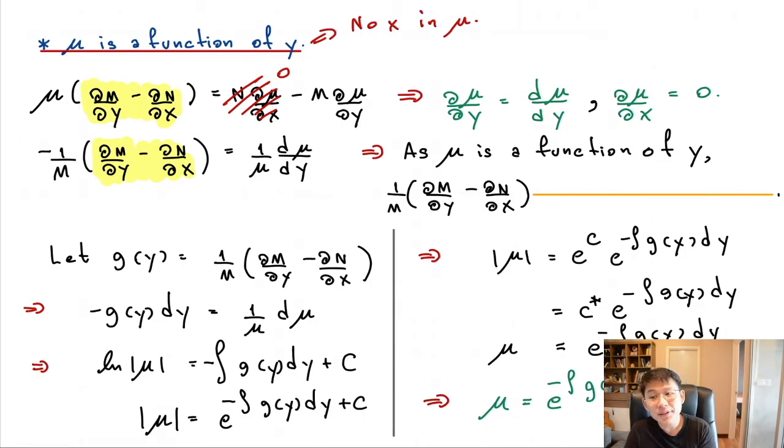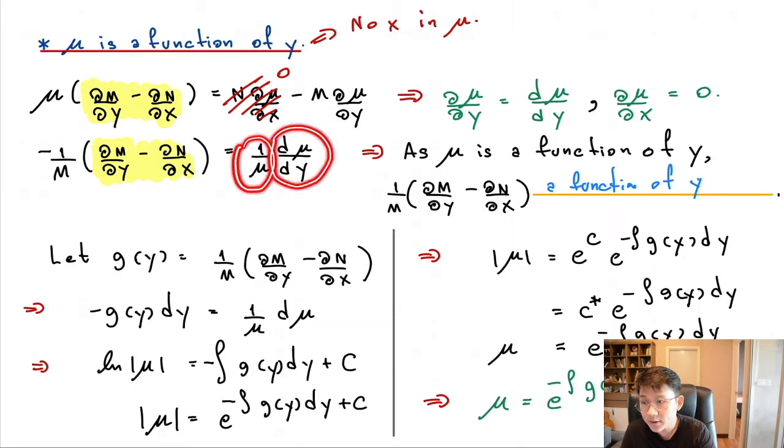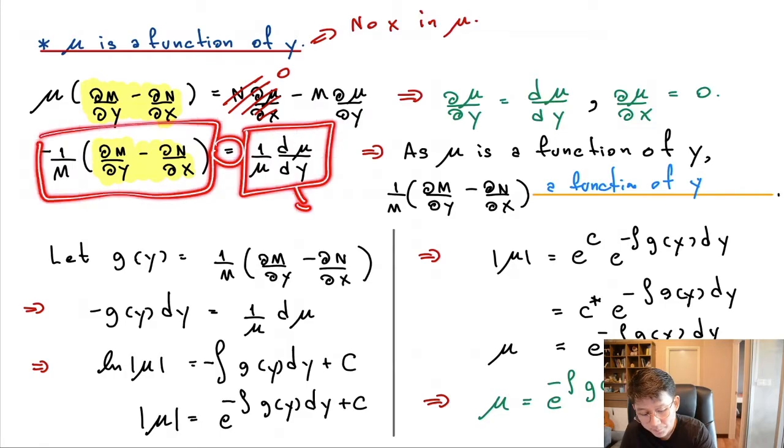So as mu is a function of y, it means that this guy must be a function of y as well, right? Because again guys, mu is a function of y, which means that this is a function of y and this is a function of y, right? And this equals this, and here is a function of y, which means that there's no x at all.